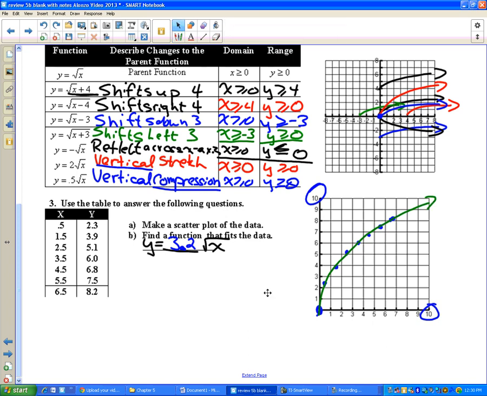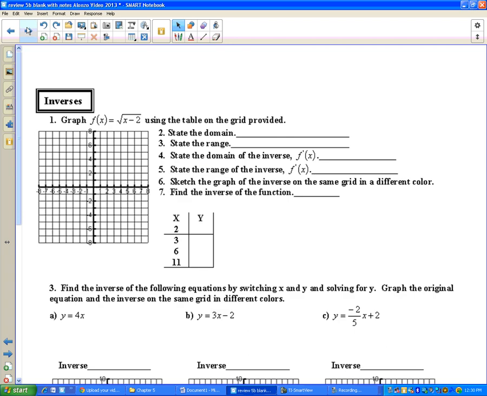Okay, let's go to the next page. Last page, front of the last page. Inverses. Graph f of x equal to the square root of x minus 2, using the table on the grid provided. So here I give you x's, plug in 2. The square root of 2 minus 2 is the square root of 0, which is 0.